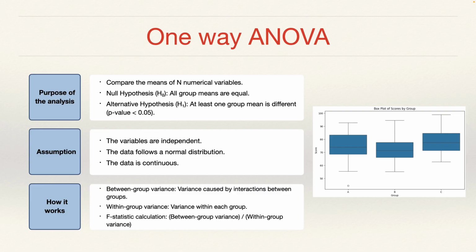So if you see the graph on the right and perform an ANOVA test, and if we reject the null hypothesis, it means that at least one group has a different average than the others. For instance, we might examine how age varies by car manufacturer, and that means we can compare the age of the driver according to their manufacturer.